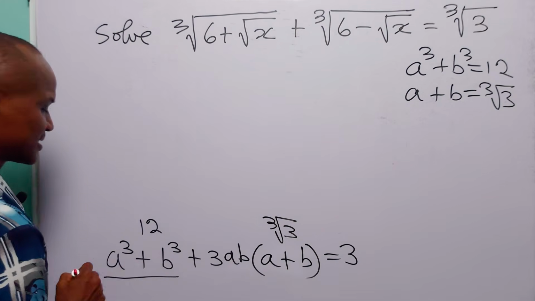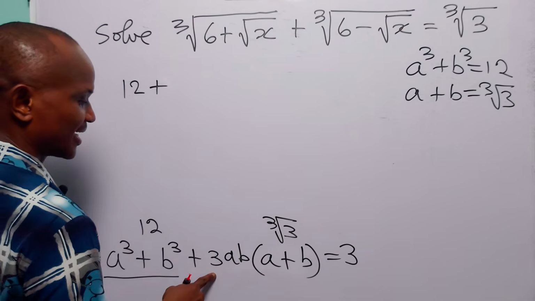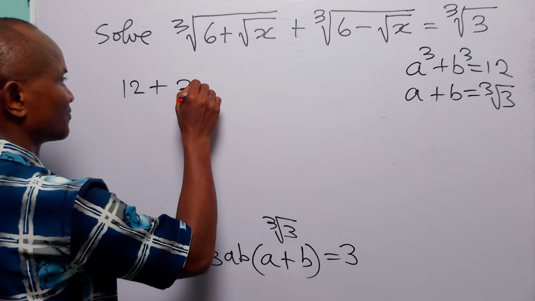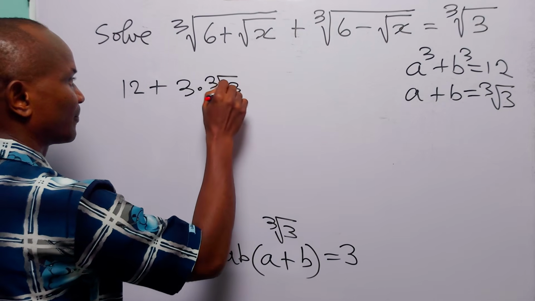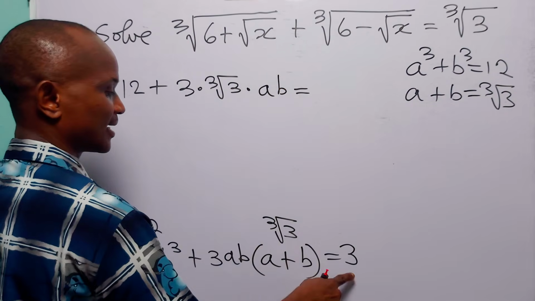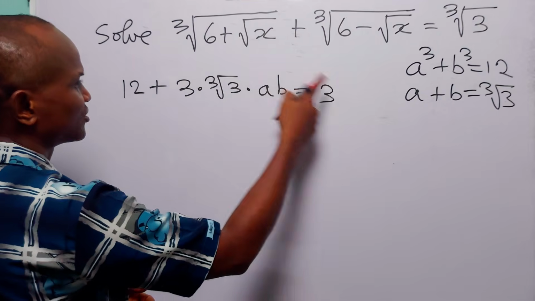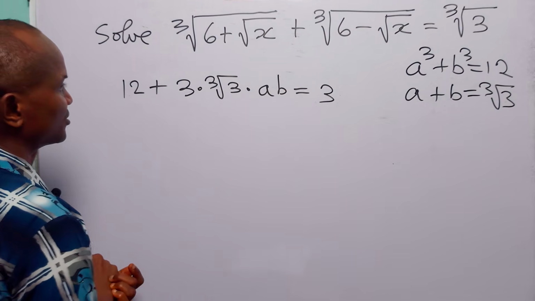So, we can write this equation as 12 plus 3 times the cube root of 3 times ab is equal to 3. Now let us subtract 12 from both sides of this equation.